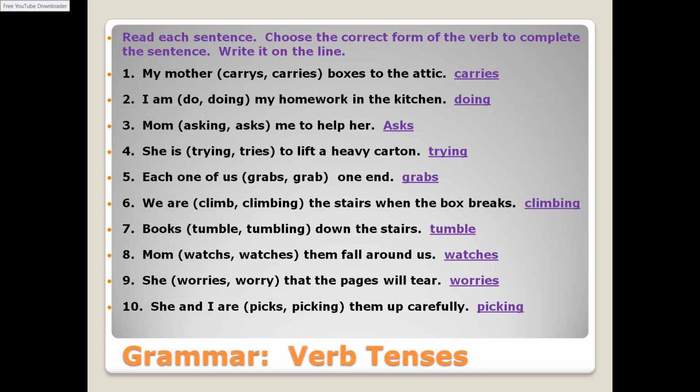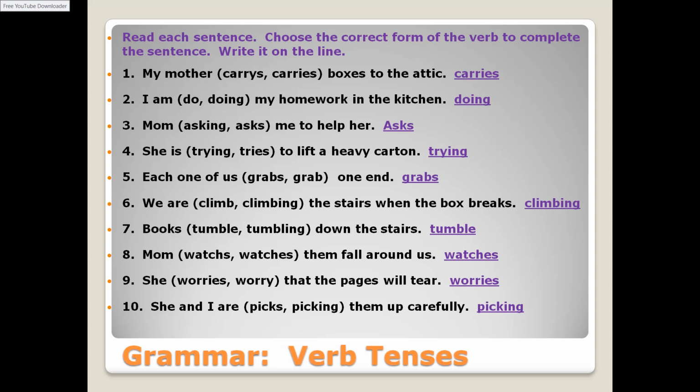Number 9, she worries or worry that the pages will tear. We have a present tense here, so we need to just choose the present tense verb. She worries. We know that the word worry has y at the end preceded by a consonant, so we need to replace y with i and add es. So worries is the right answer.